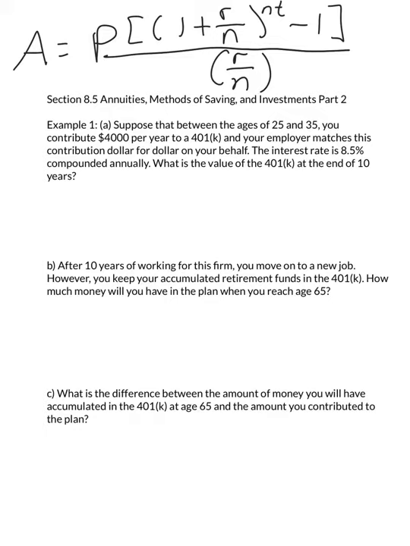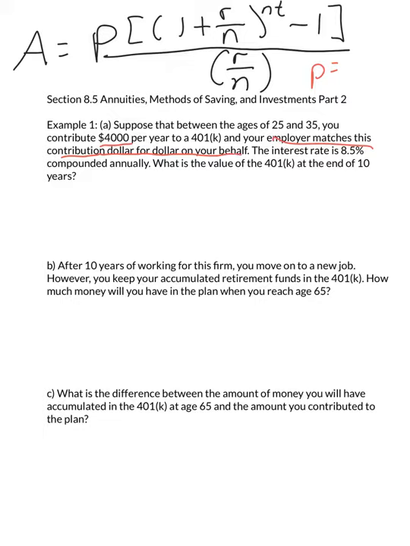So in this particular example, let's think about what we're going to plug into the right side of the formula. The deposit amount, P, is the total amount of money that's regularly going into the account. Yes, we are contributing $4,000 each year, but our employer matches this contribution dollar for dollar on your behalf.